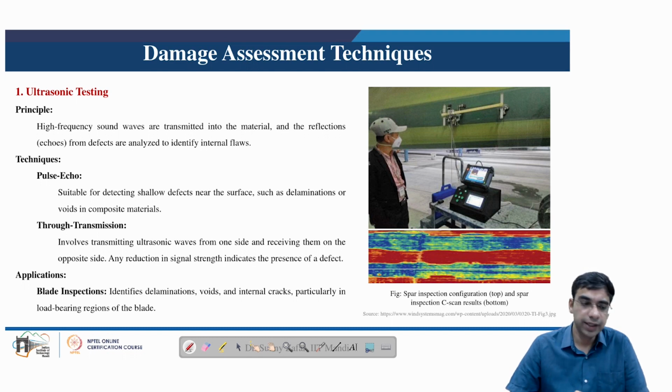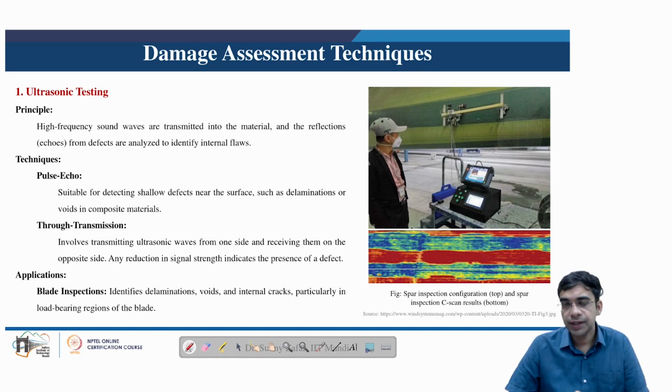The pulse echo technique is suitable for detecting shallow defects near the surface, such as delaminations or voids in composite materials. The through transmission involves transmission of ultrasonic waves from one side and receiving them on the opposite side. Any reduction in the signal strength can indicate a possible defect in the structure.